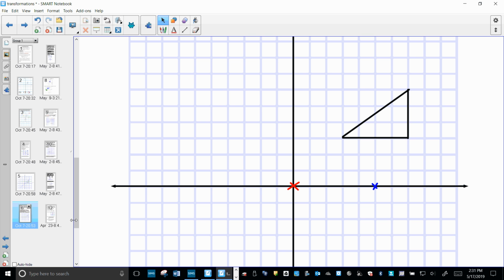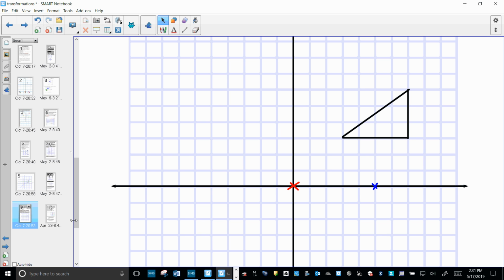Now, we're going to use this tracing paper economically, which means that we're not going to trace something smack bang in the middle, which means that we can't use it any other time. So what I'd like you to do is place your tracing paper over the shape. No, you don't need a ruler.